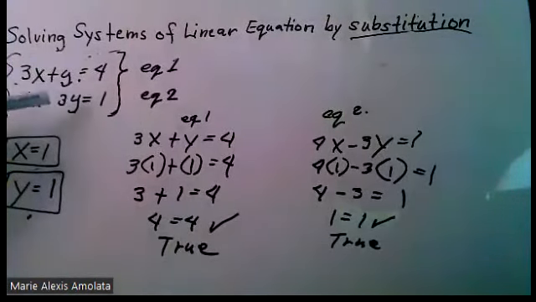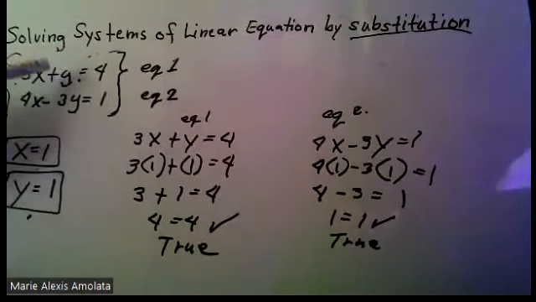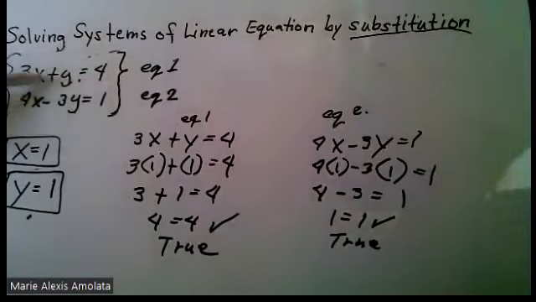So, mas madali yung equation na merong coefficient na 1. Like nito, itong y. Ang coefficient niya is 1. Okay? Kaya mas madali itong trabahuin, kasi meron siyang numerical coefficient na 1. Kaya yan ang pinili ko. So yun ang helpful hint.